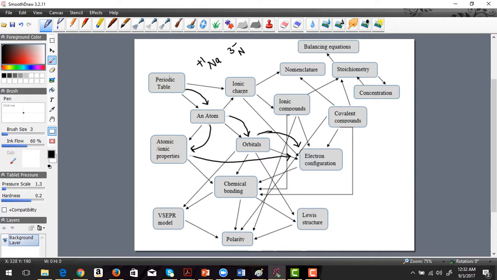So that's what we were able to get out of the periodic table into the ionic charge. And then from the ionic charge we learned ionic compounds, like Na+ and Cl-, we called it ionic, right? And then we learned nomenclature, how to name ionic and covalent compounds, right?